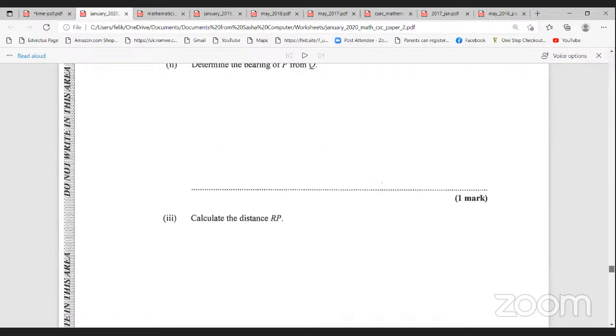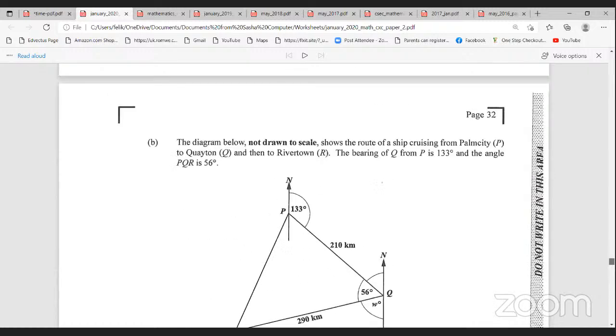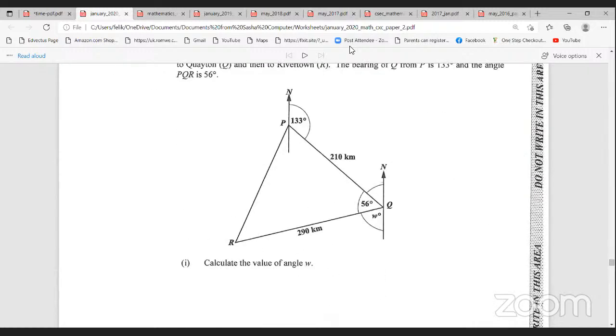All right, so scroll back up. We're looking for RQ. We're trying to find the side of a triangle.